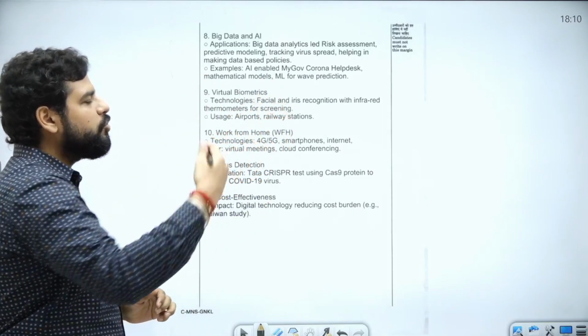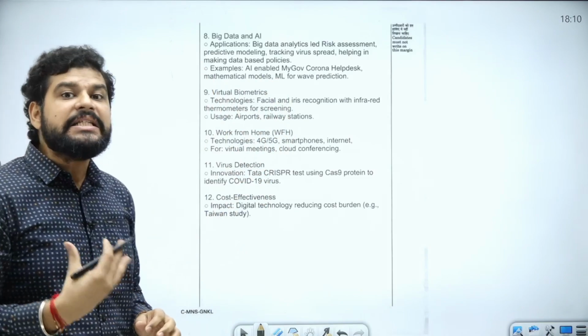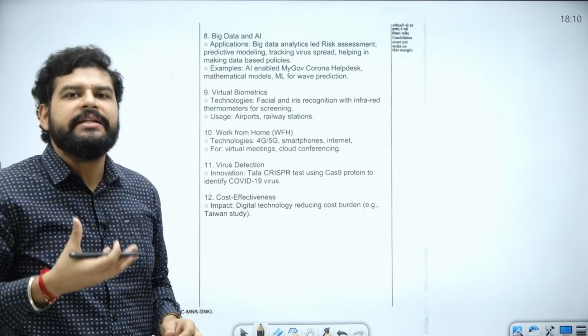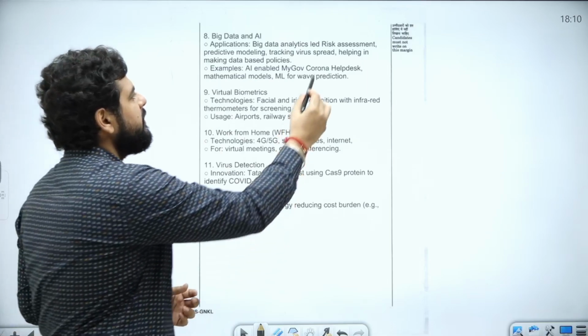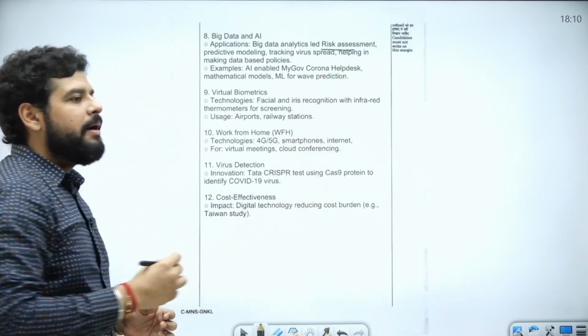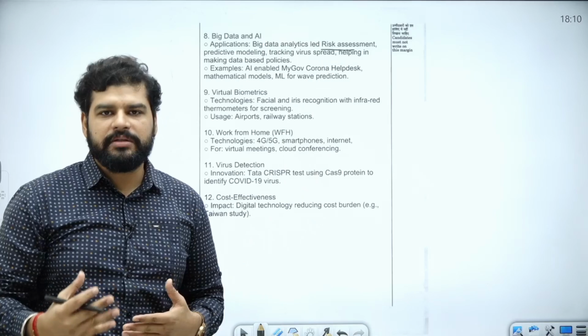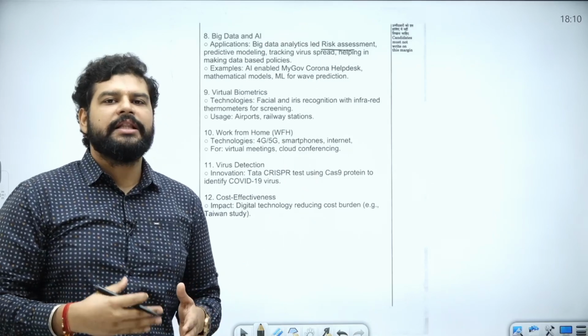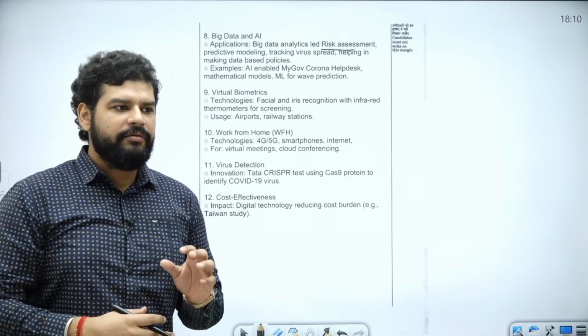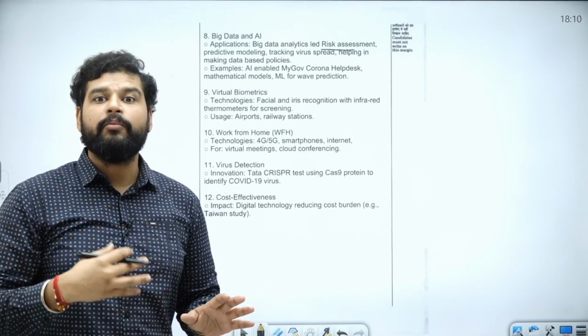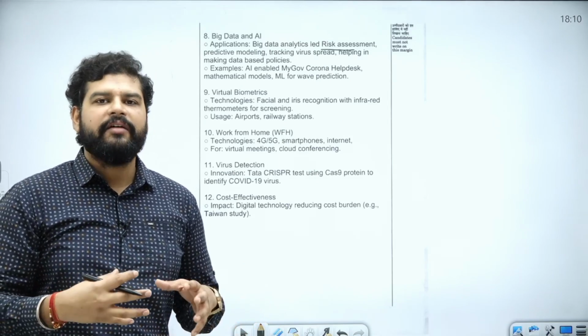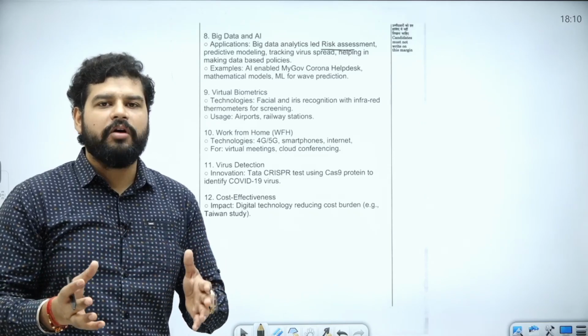Big data analytics was used for assessing the risk of a population contracting the virus, right? So risk assessment was there. Modeling was done using machine learning algorithms. Modeling means they were trying to predict which country might have more chances of having infected clusters of people.